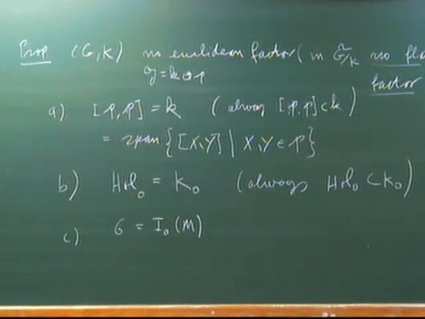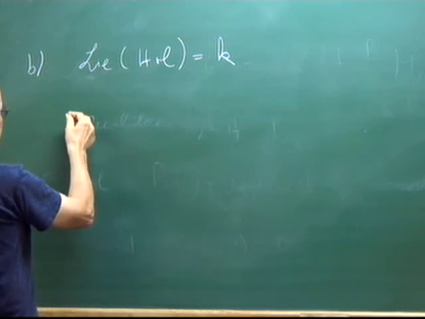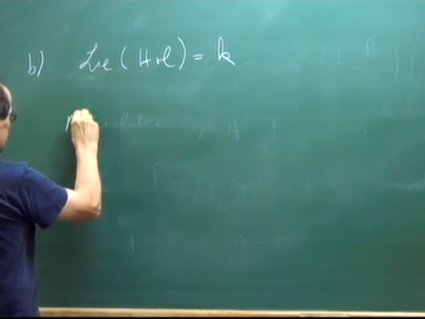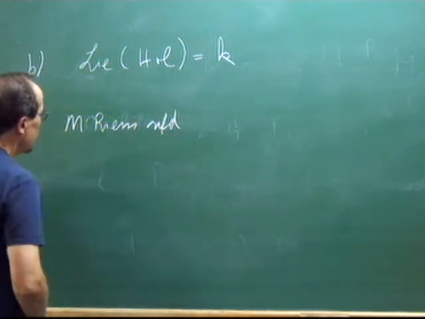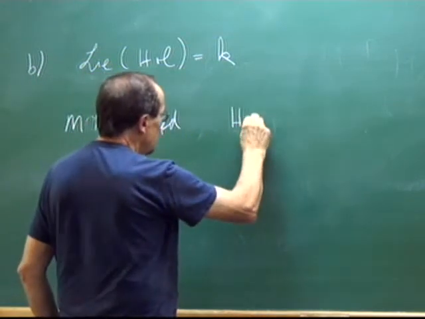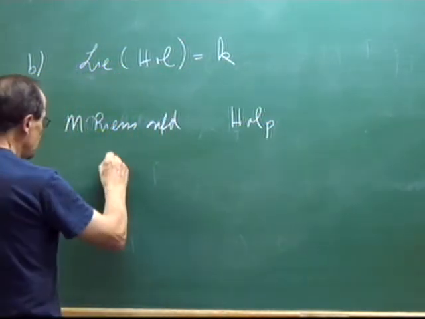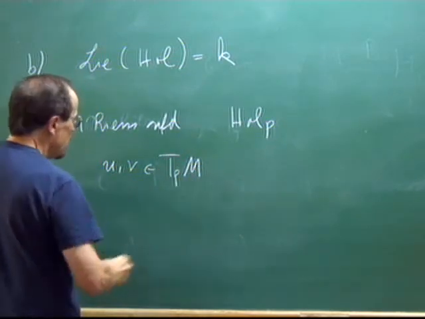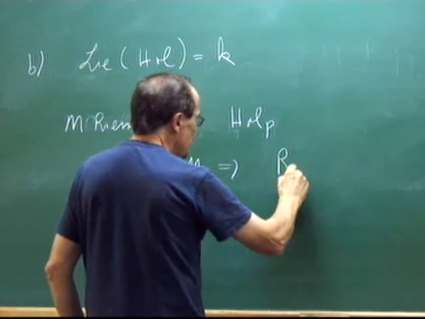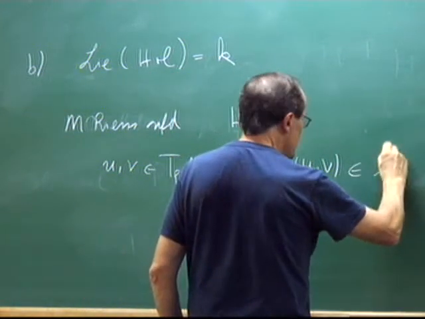And there is something that lies in the Lie algebra of the holonomy group that I discussed at some point, namely, say this for general manifolds, say M is a Riemannian manifold. Then I take the holonomy group at a point. Then if I take U comma V in the tangent space of the point, that implied that the skew-symmetric endomorphism, the curvature endomorphism, is an element of the Lie algebra.